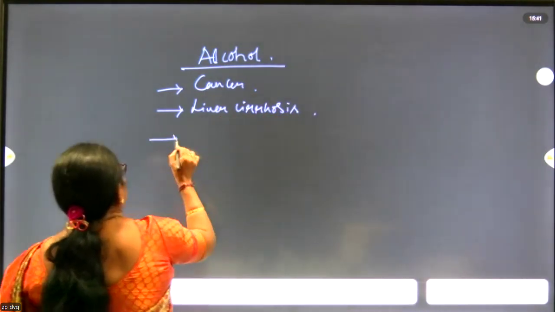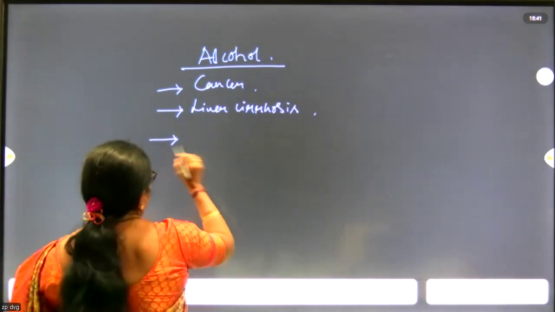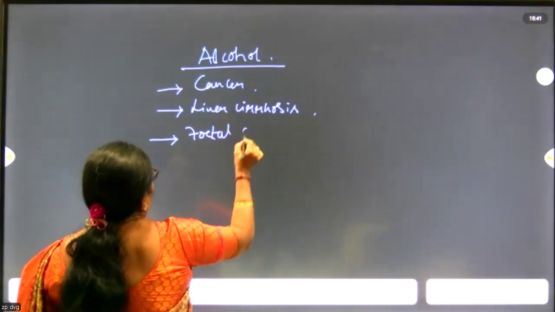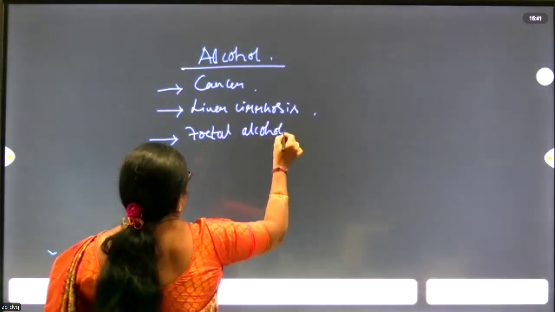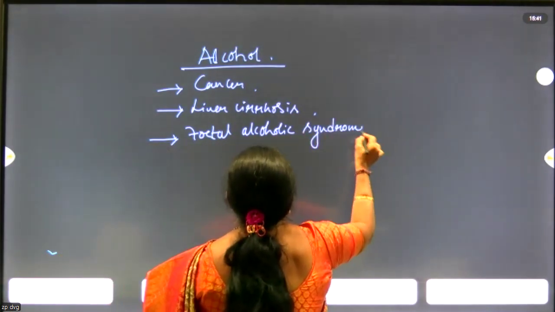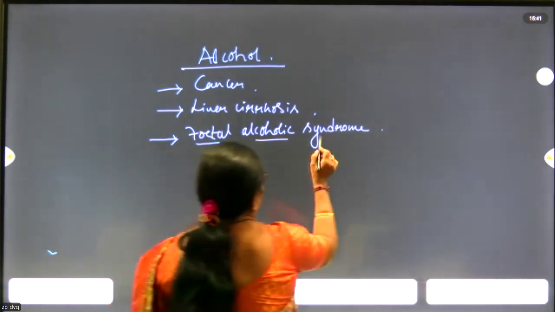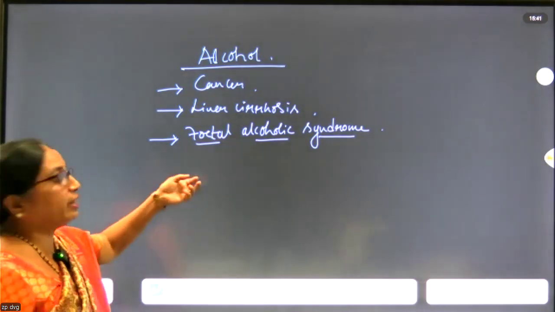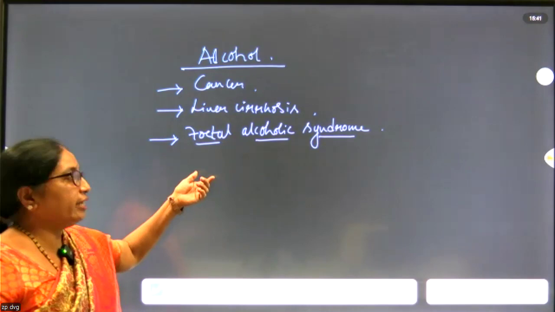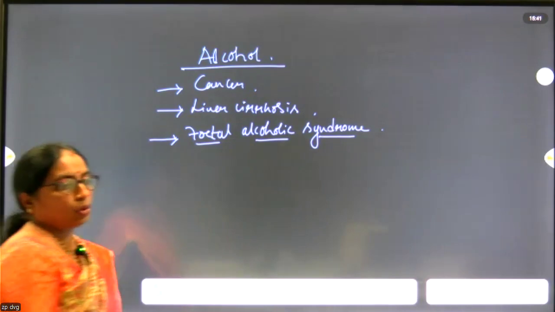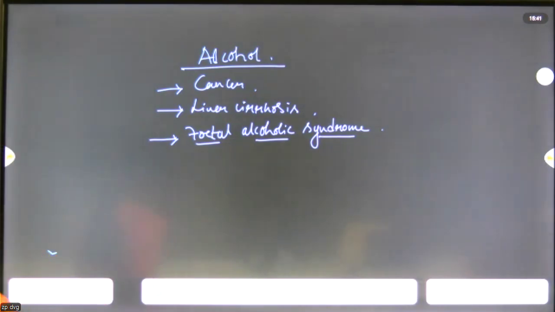Then it may also cause fetal alcoholic syndrome. So this is in case of women who take excessive alcohol during their pregnancy, which is going to affect the development of the baby or the fetus, hence called fetal alcoholic syndrome. So this is something about the effects of alcohol.